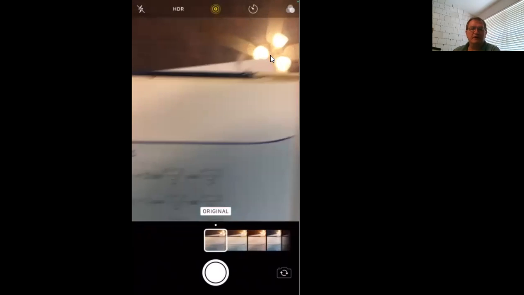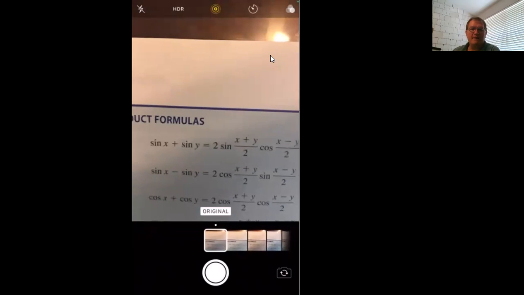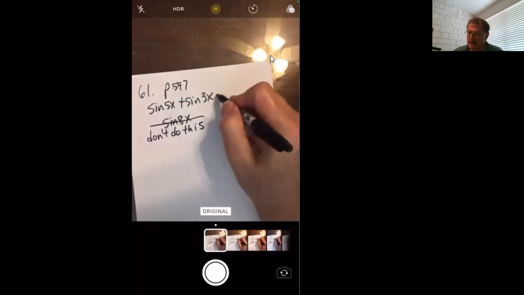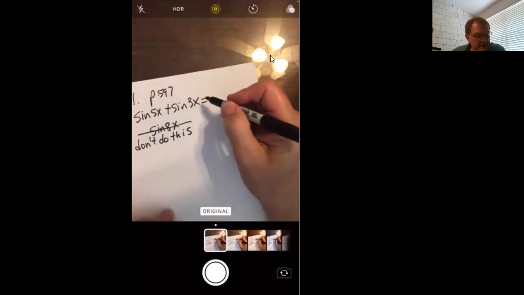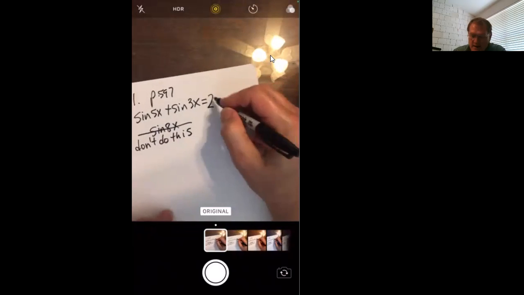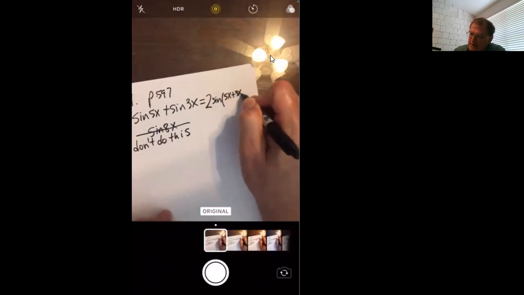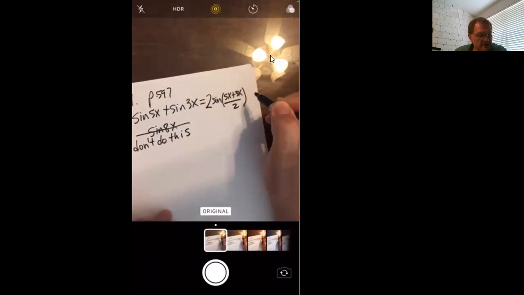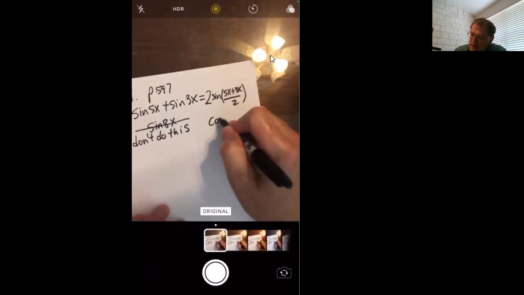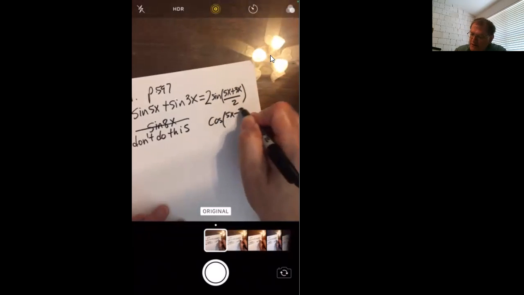Okay, we're going to follow Formula 1 here. See that sine of x plus a sine of y? Sine plus a sine. I'm going to hope you can follow it so I can speed it up a little bit. You're going to get a 2 and a sine of your 5x plus 3x divided by 2. You're going to get a cosine of your 5x minus 3x divided by 2.